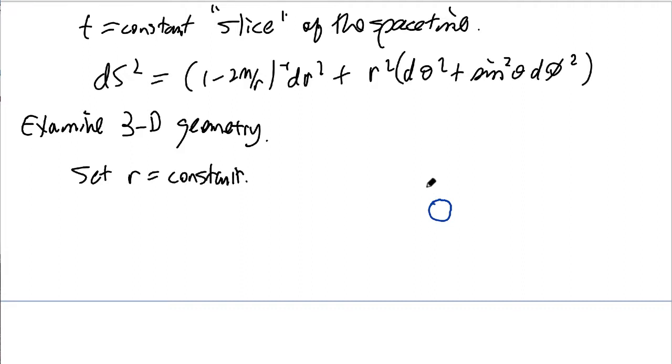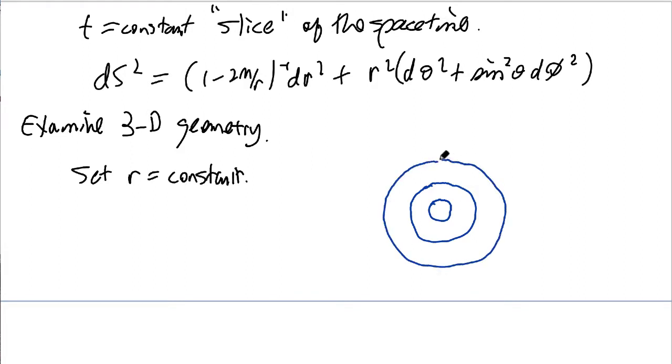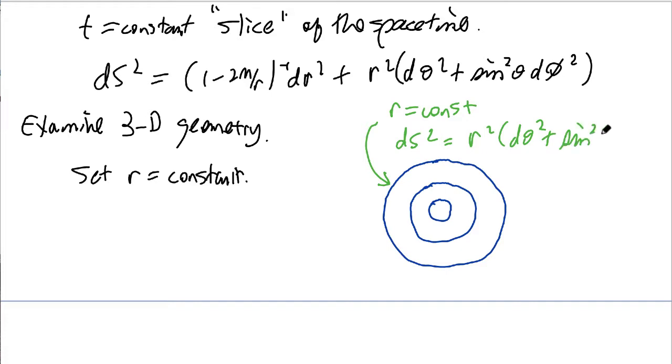So there's one r equal constant value, there's another, and so forth. So each one of these spheres has r equal constant and metric, which is r squared times (d theta squared plus sine squared theta d phi squared).